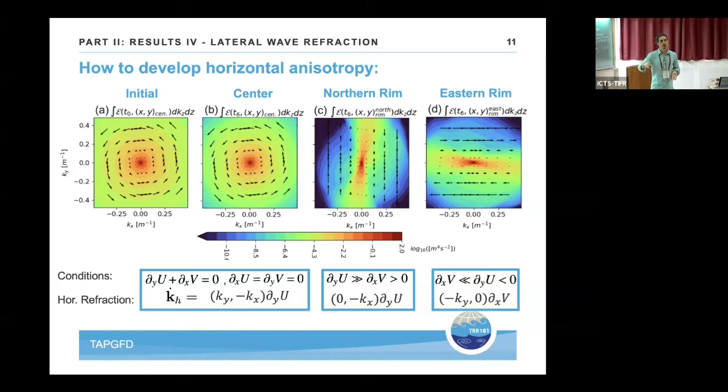And so when you integrate cosine phi sine phi with this perturbation, it doesn't integrate to 0. If the ellipse would be exactly aligned with the north-south axis, then it actually would integrate to 0, and we wouldn't have horizontal wave mean flow interaction. So this anisotropy is generated first by the breaking of waves due to the vertical refraction.